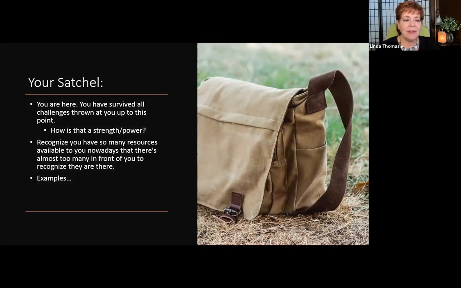I have loved the idea of you have survived 100% of the things that have happened to you, because no matter how difficult our lives have been, and each of us has had various kinds of challenges, the fact that we're still here today is a testament to our resilience. And if you're a person of faith, the help of the good Lord above.